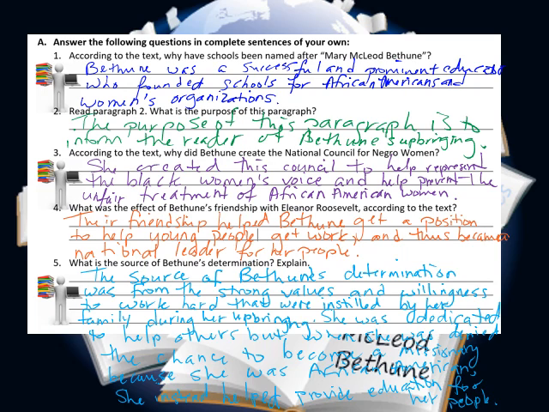Her ambitions led her to continue with her education and look for ways to help her people against oppression. Oppression is when someone is mistreated for reasons that are not ethical and racist, for example, like being black. So they were oppressed. They didn't have the rights that others had just because they were black.